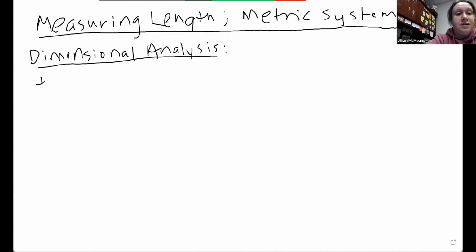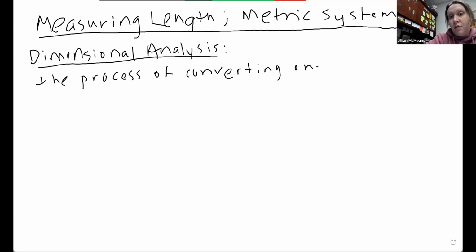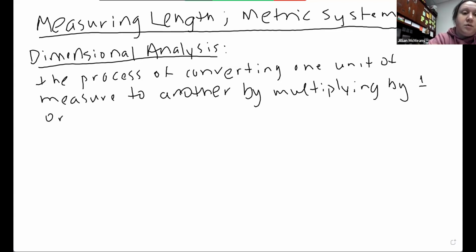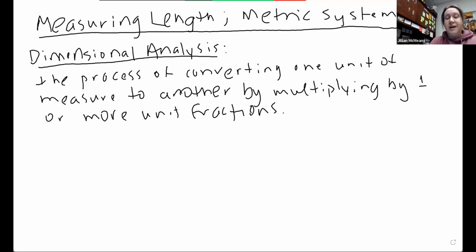So dimensional analysis is the process of converting one unit of measure to another by multiplying by one or more unit fractions.